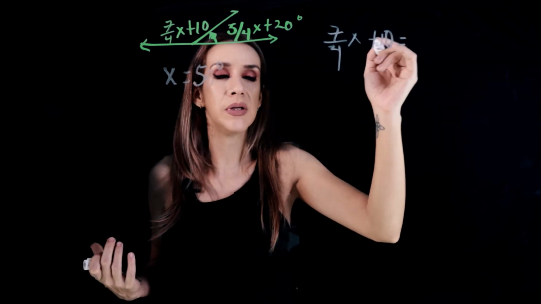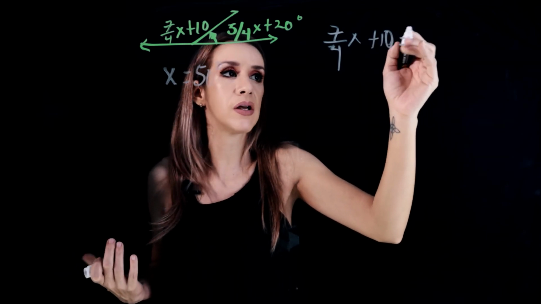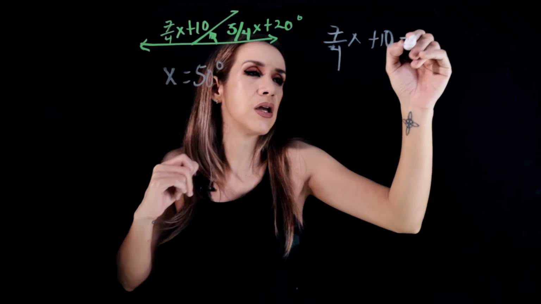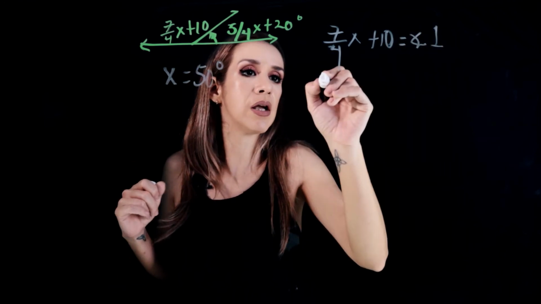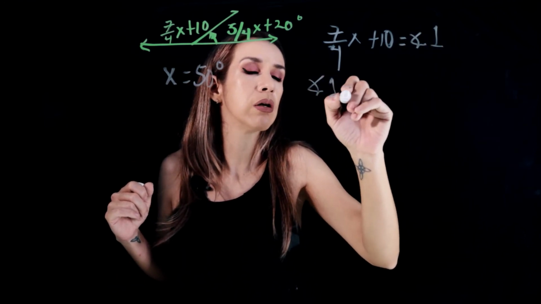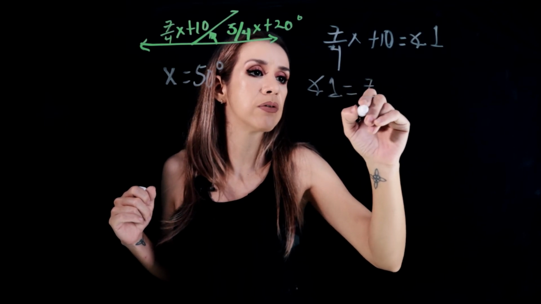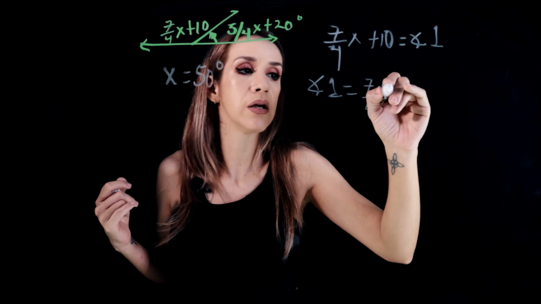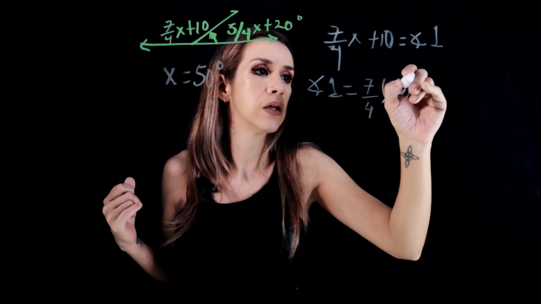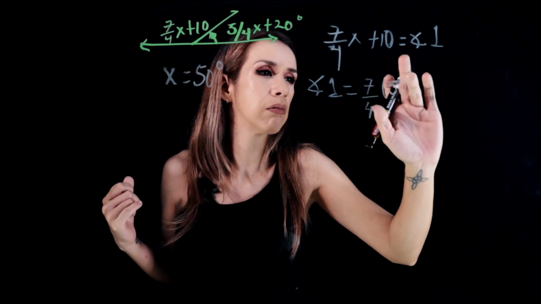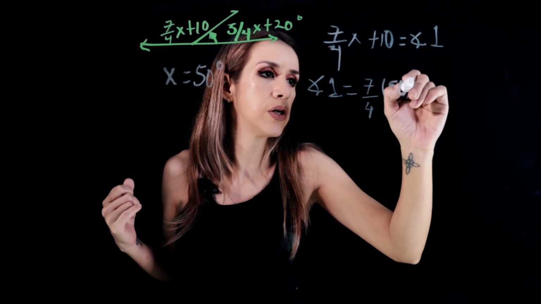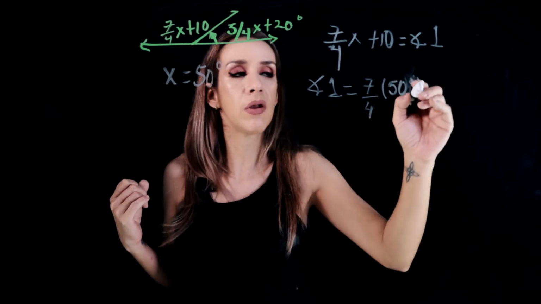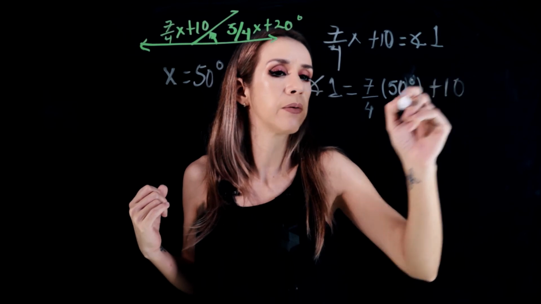That is going to be the value of my first angle. Let's say that that angle is the angle number 1. So then angle number 1 is equal to 7/4 multiplied by 50 degrees. This doesn't look pretty. 50 degrees plus 10, right?